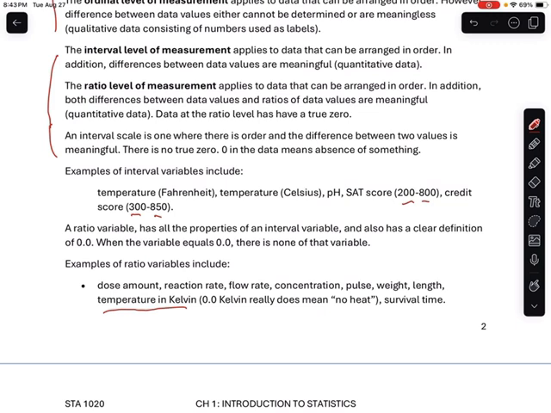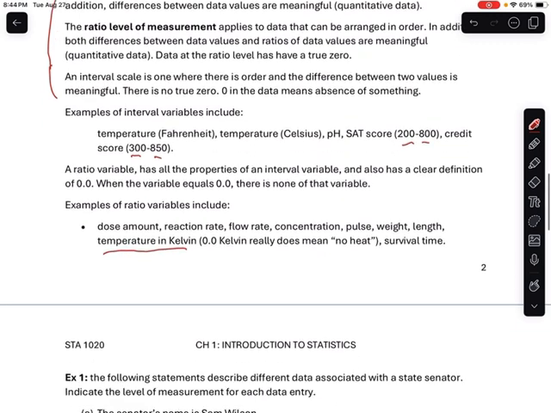But in the Kelvin case, zero means literally zero temperature. There are many things which can survive in very, very low temperatures, minus 100 degrees centigrade, minus 200 degrees centigrade. But in the Kelvin scale, at 0 degrees Kelvin, nothing can survive. There is no heat.